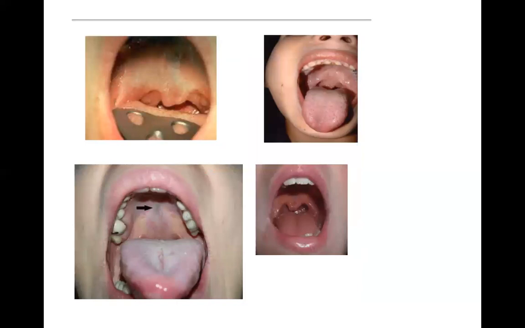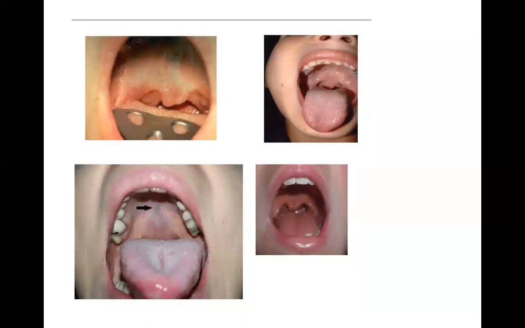In the top right as well, you can see the defect in the uvula. In the bottom right, there is possibly a bifid uvula there, but there's definitely a groove in the uvula. And in the bottom left, you can see that zona pellucida in the soft palate. So really, really important to be looking out for that in the oral exam.